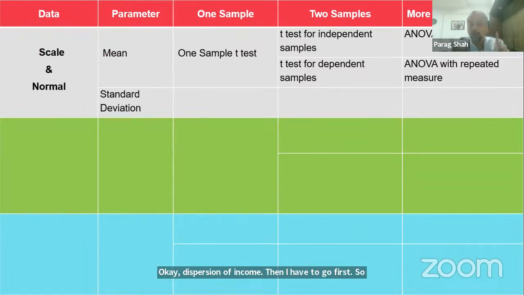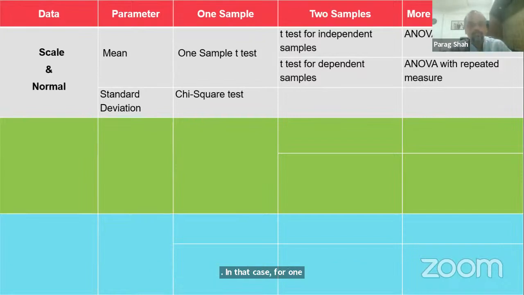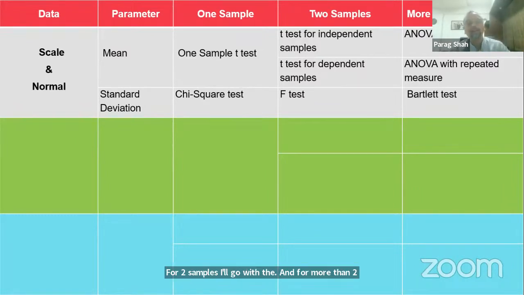So my parameter over here is not average, it is standard deviation or variance. In that case, for one sample, I'll go with the chi-square test. For two samples, I'll go with the F-test. And for more than two samples, I'll go with the Bartlett test or Levene test. So this will make you clear when to use t-test, when to use F-test, when to use chi-square test.